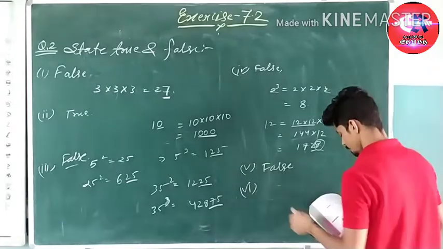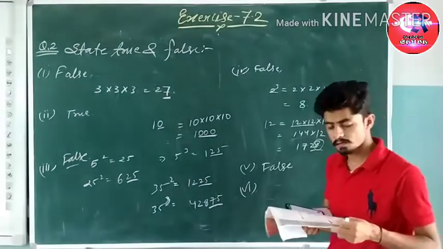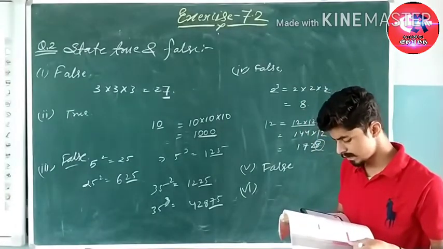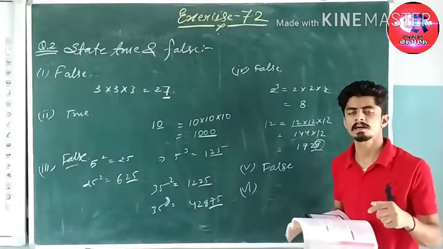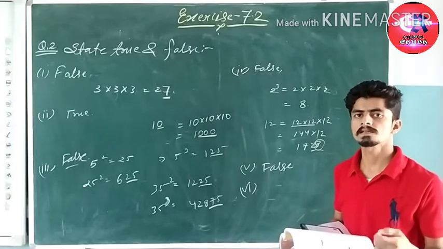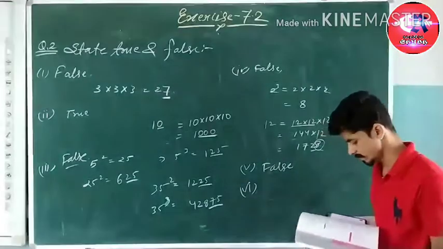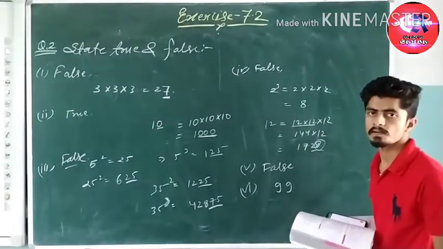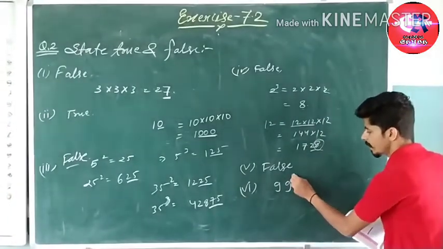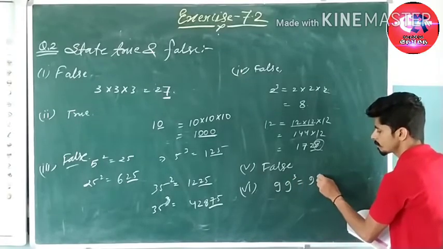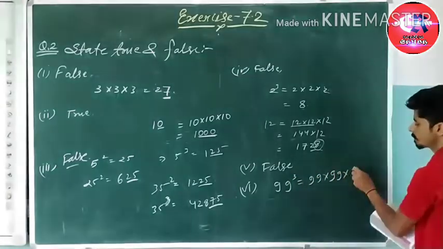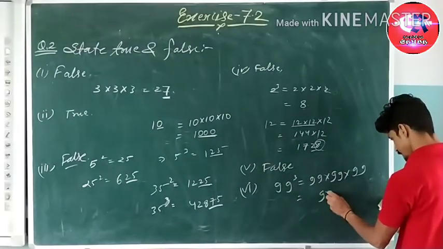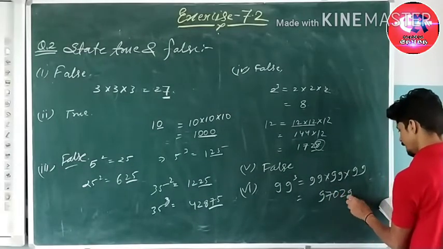Now the sixth one is: the cube of a 2-digit number may have 7 or more digits. If we take the largest 2-digit number, which is 99, and find the cube, that means 99 multiply 99 multiply 99, we get 970299.